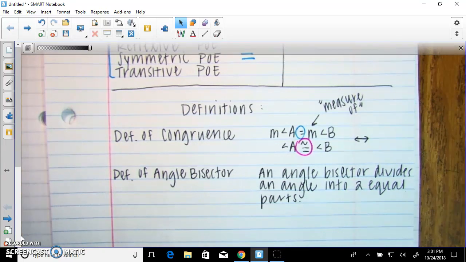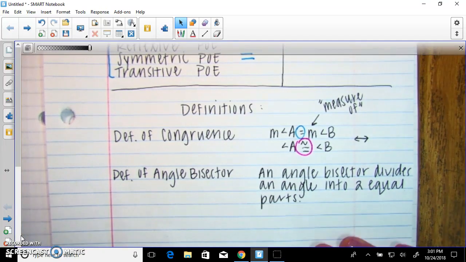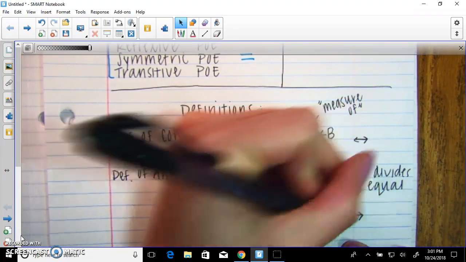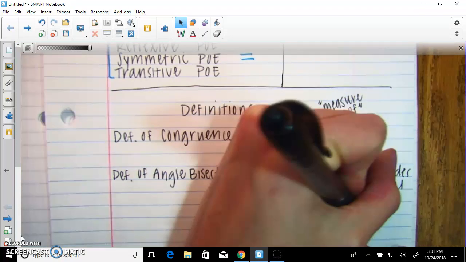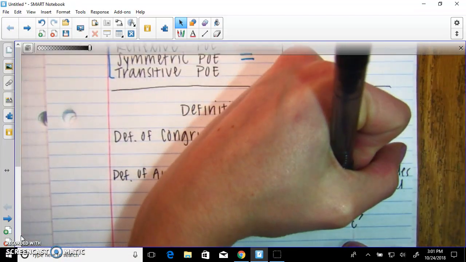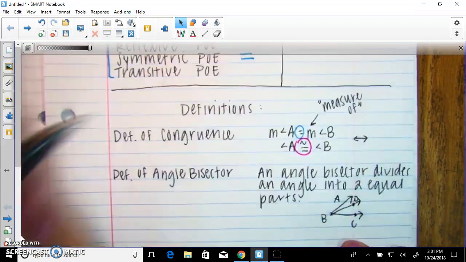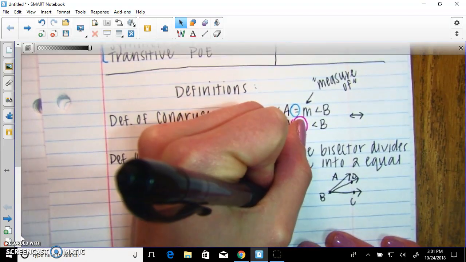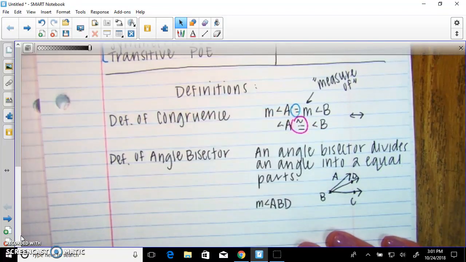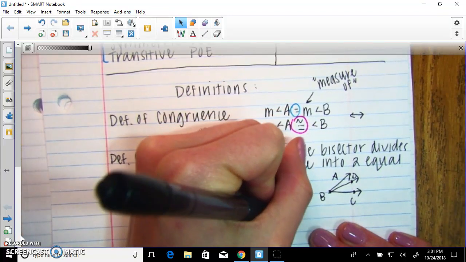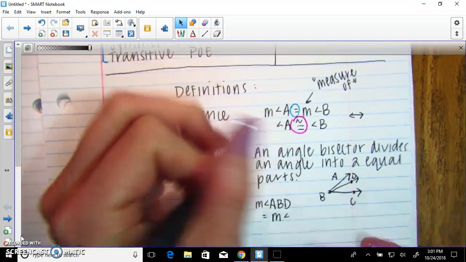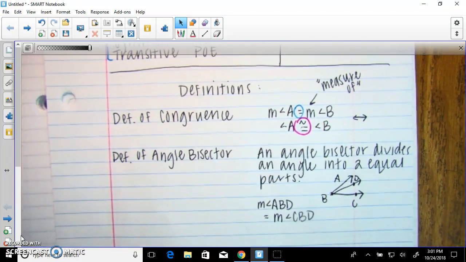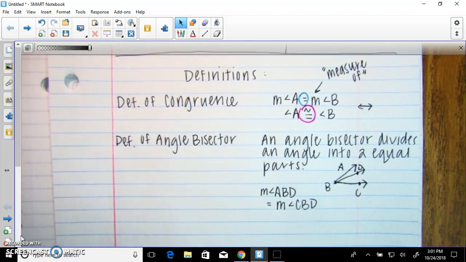And we should know that. We've seen angle bisector before. So if I have angle ABC, and let's say that BD is a bisector, we would say that the measure of angle ABD equals the measure of angle DBC or CBD. Okay, that's an angle bisector. Cuts it into two equal parts.